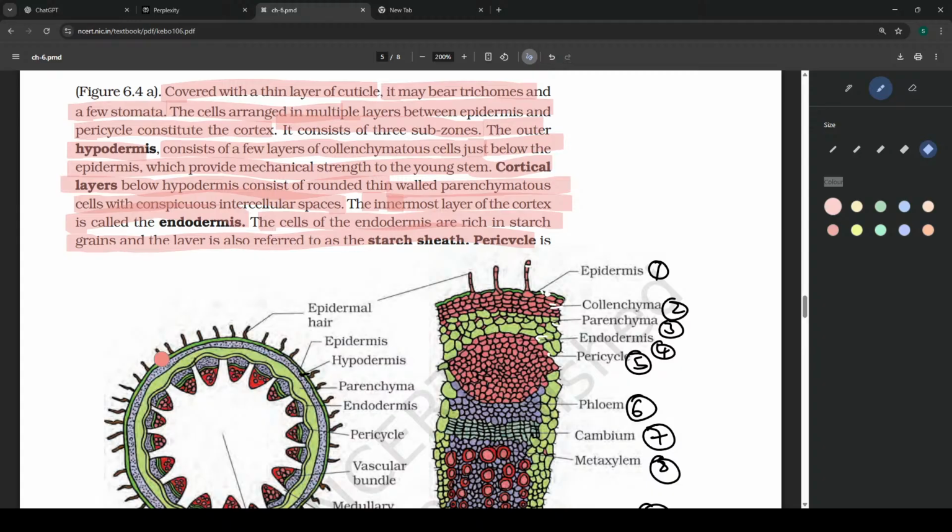This constitutes the cortex, and the cortex has 3 zones: the hypodermis of collenchymatous cells, and below it the cortical layers of rounded, thin-walled parenchymatous cells with conspicuous intercellular spaces. Then the third part of the cortex is the endodermis, which has a large amount of starch grains, and this is called the starch sheath.